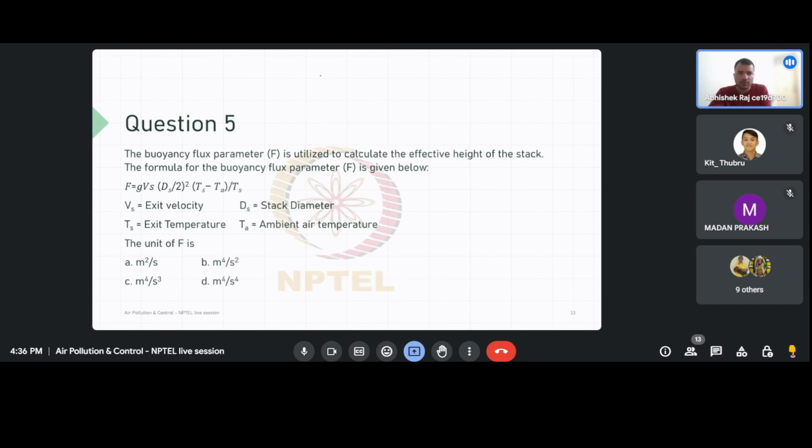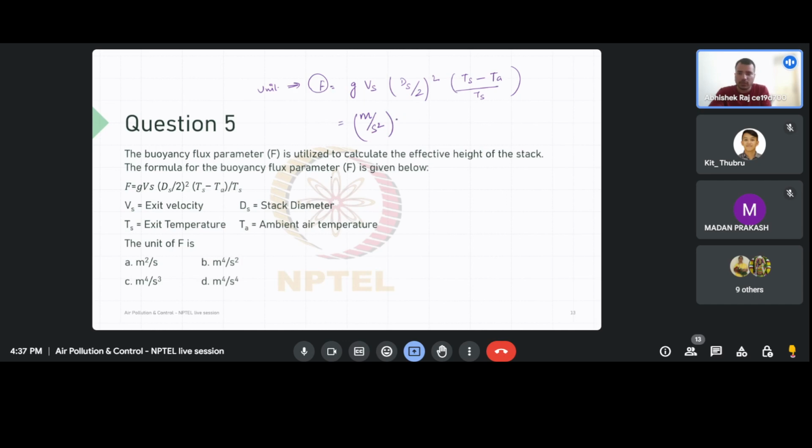So what we'll do is we'll simply do a dimensional analysis. Since we know the other things, we can do this. So we have g, we have vs, we have ds by 2 whole square, Ts minus Ta by Ts. What we want is the unit of F, that is on the left hand side. G is our acceleration due to gravity, so this will be meter per second square.